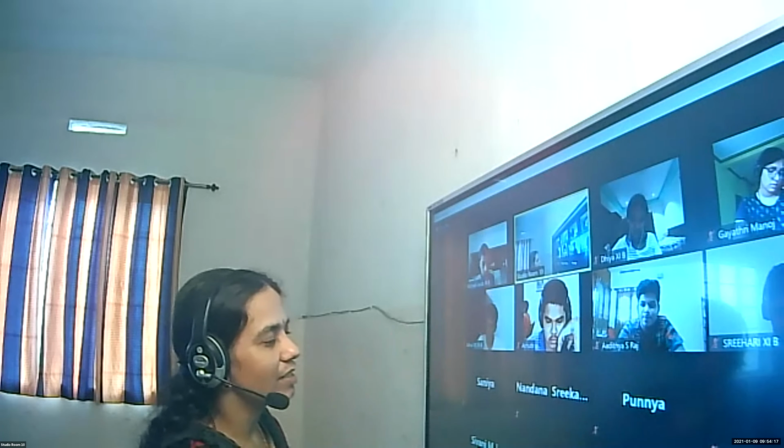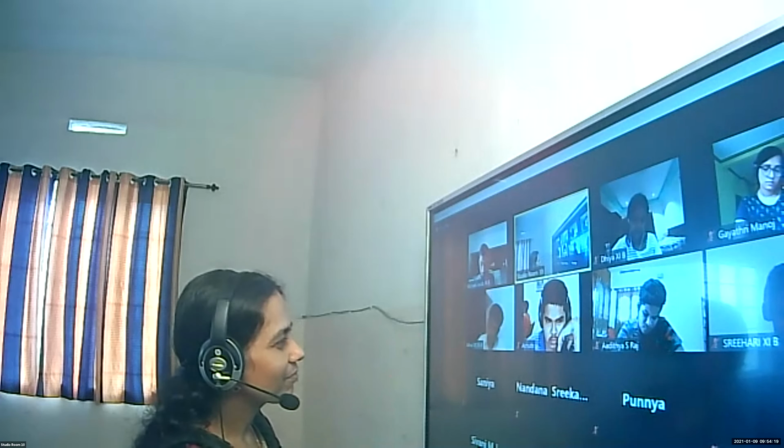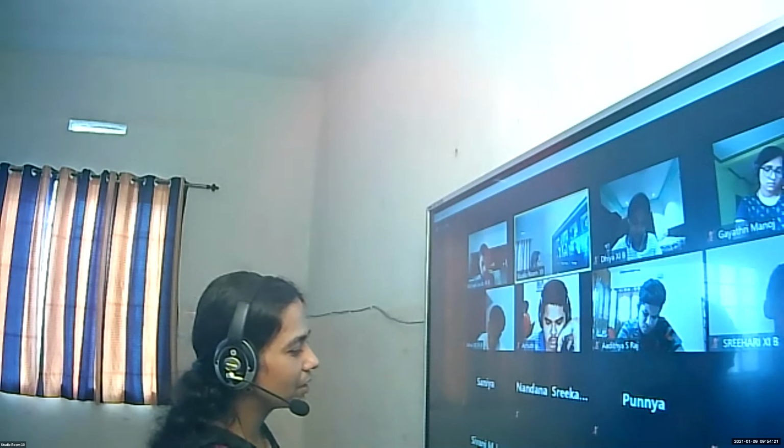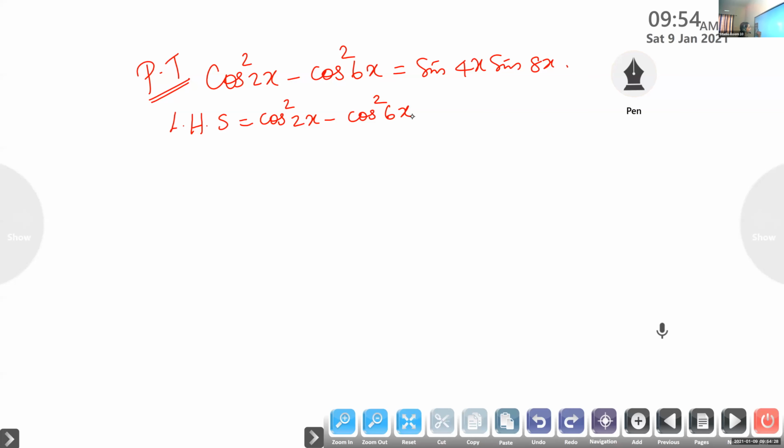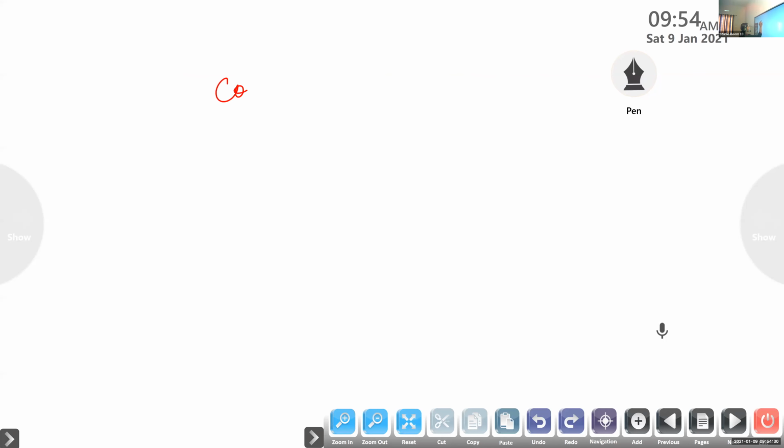Cos square is there, isn't it? Is it possible to replace it with something? Listen, what is the formula we have learned for cos 2a in terms of cos? Nandana? 2 cos square a minus 1.